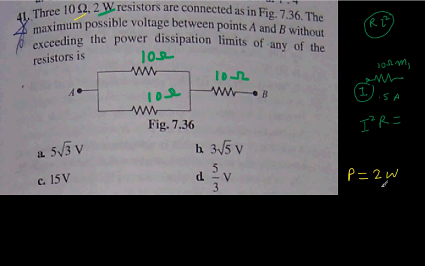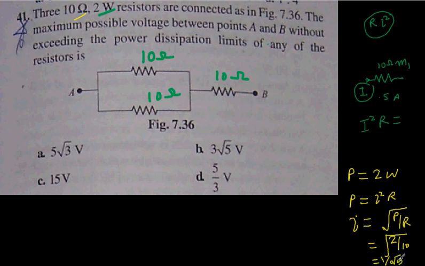And we know the equation P is equal to I square R. We can calculate the maximum allowable current, because the maximum allowable power it can sustain is 2 watt. Using this equation, P is 2 and resistor is 10 ohm, so the total current that this resistor can sustain would turn out to be 1 by root 5.